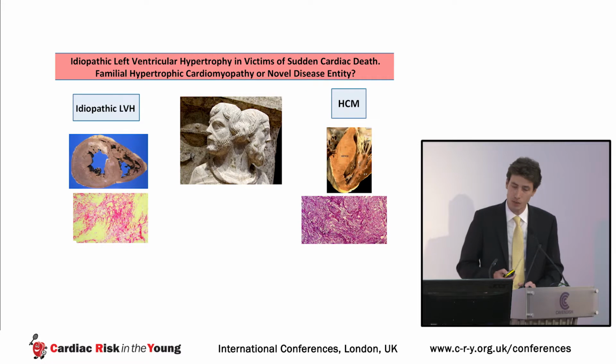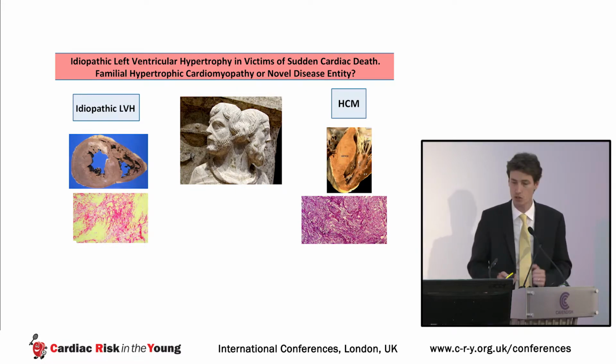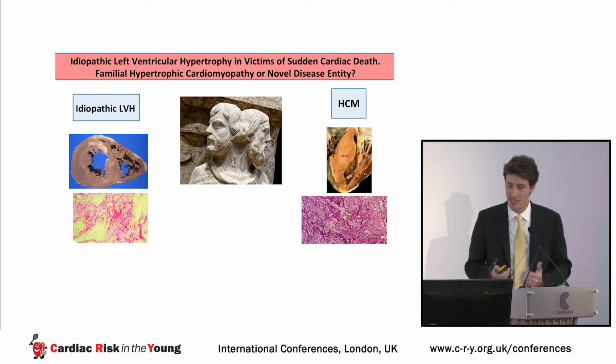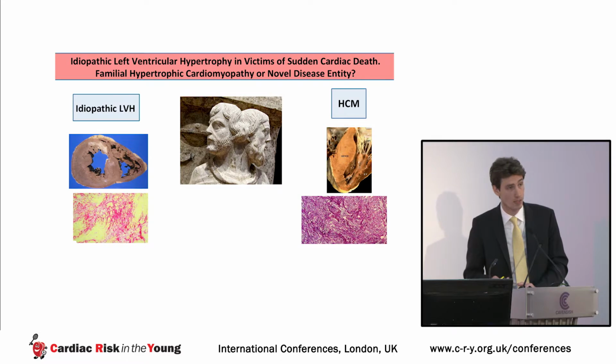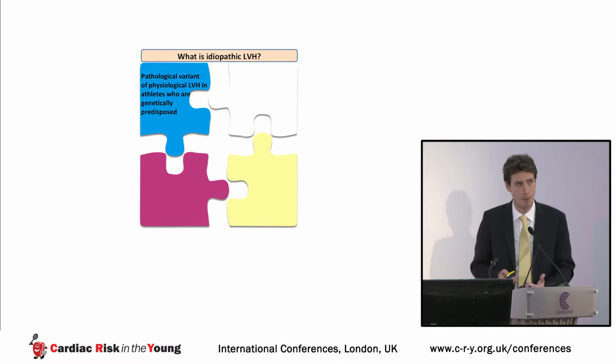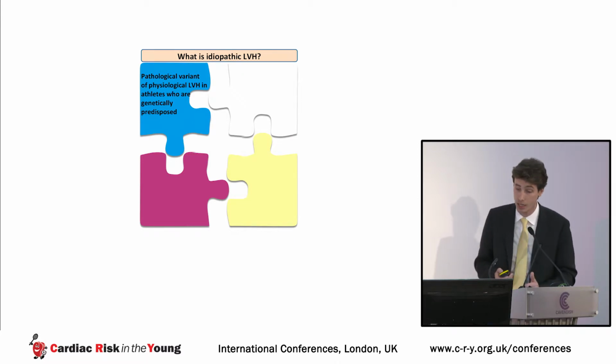I think one of the main questions is what is the significance of idiopathic LVH in the setting of sudden cardiac death. Is it hypertrophic cardiomyopathy or not? There are various theories that answer this main question. One is that idiopathic LVH may be a pathological variant of physiological LVH in athletes who are genetically predisposed.